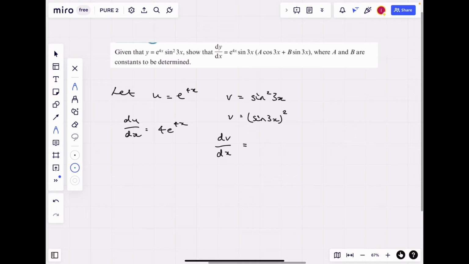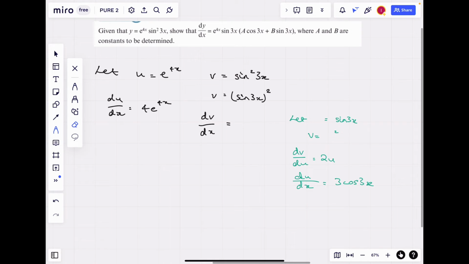So let t equal sine 3x. So v equals t squared. dv by dt is 2t. dt by dx would be 3 cos 3x. Okay, let's not use u, let's use t like we did before.